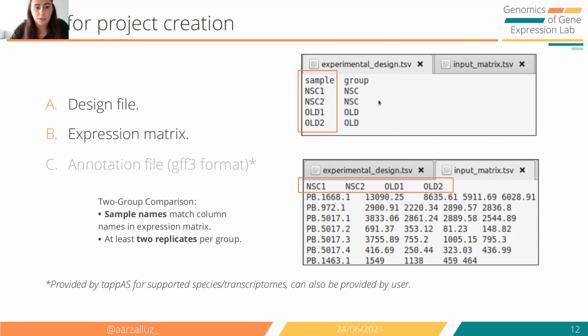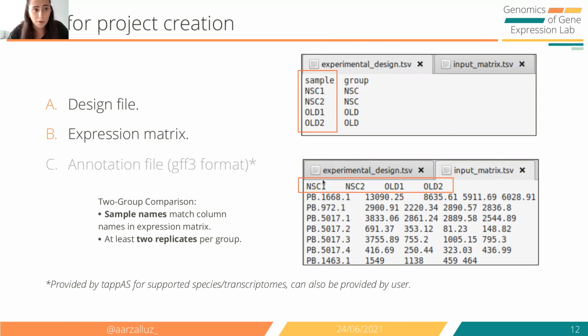Note that TappAS is always going to require at least 2 replicates per experimental group, and it's going to need you to match the sample names in the design file with the column names in the input isoform expression matrix.